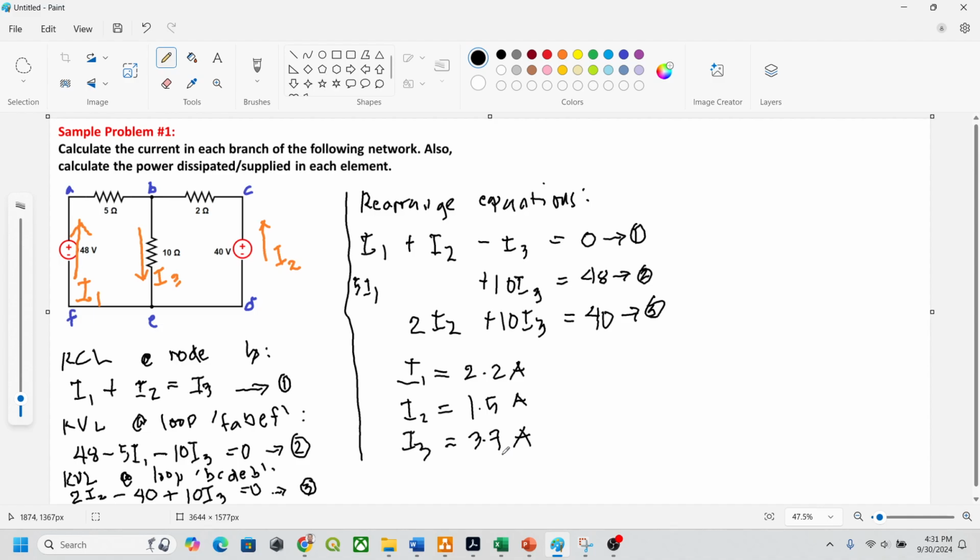Okay, so for example, at node B, where you do your KCL, your I1 plus your I2 should be equal to I3. So if we take the sum of I1, which is 2.2, and I2, which is 1.5, of course it is equal to 3.7.